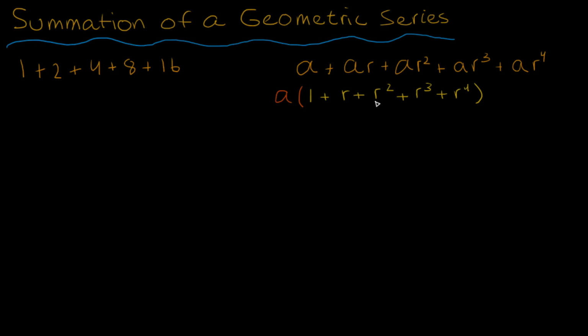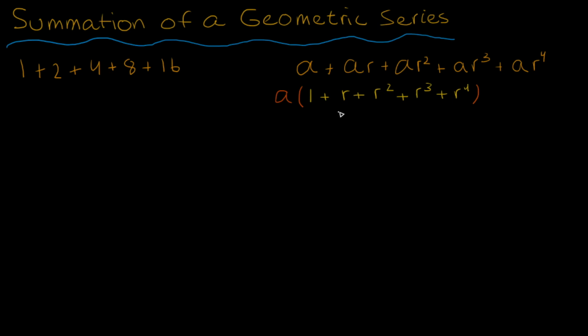And this makes it a little simpler to think about, because we don't have to be confused by all of these a's in the middle. That's interesting, because it means that all we have to do to change a geometric series back into a first term of 1 is just divide by the first term.